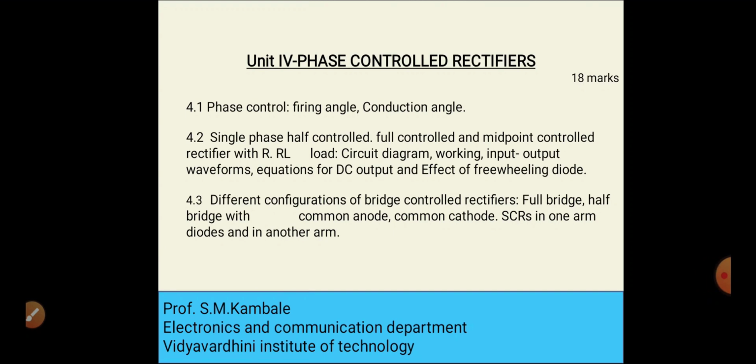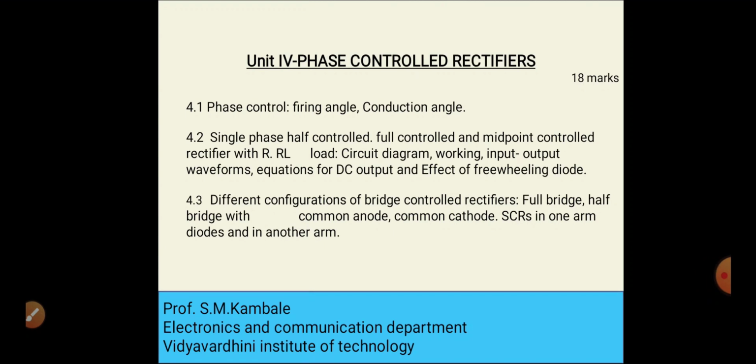In controlled rectifiers, if we use SCR instead of diode, then we get variable DC. Fixed DC for the uncontrolled rectifier, variable DC for the controlled rectifier, diode for the uncontrolled rectifier, and SCR for the controlled rectifier.